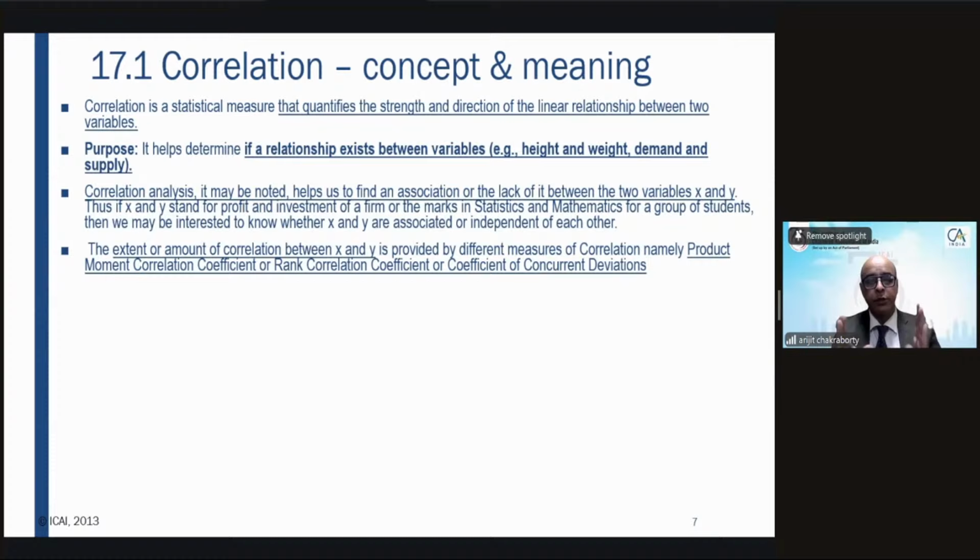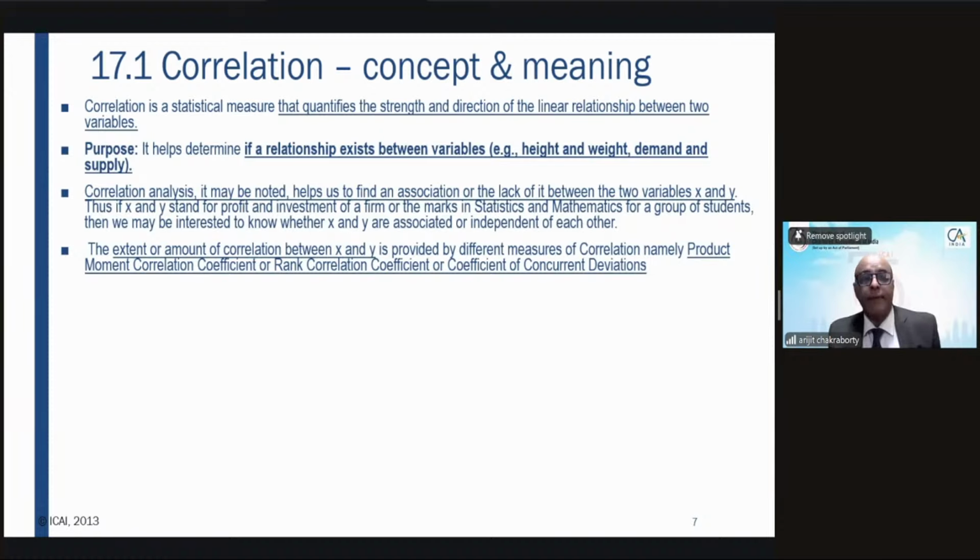So are they moving together in the same direction? Positive correlation: one is increasing, the other is increasing in the same manner, in the same proportion. Then we will say positive correlation, perfect correlation. But if one variable increases and the other variable decreases in the same proportion, in the same manner, then this is negative correlation, inverse relation.